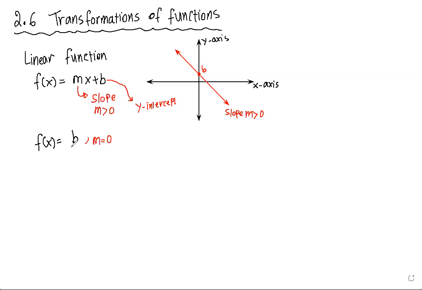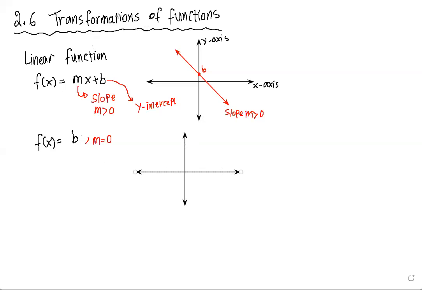M is 0, which gives me f of x equals b. We know the graph of this function, as we saw before, is a horizontal line. A horizontal line looks like this.